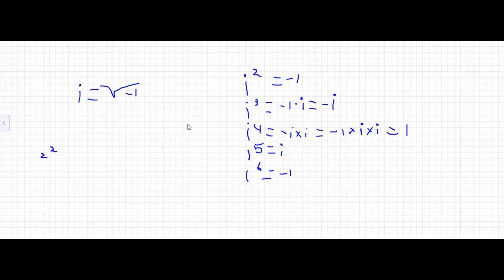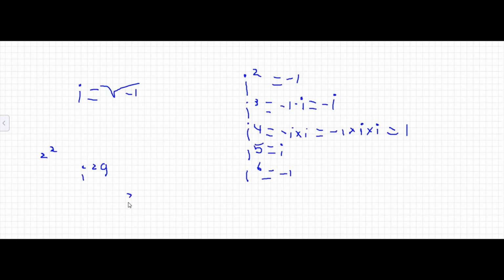And knowing that this pattern exists, we can take i to some crazy powers and we could still figure out the answer. Like, for example, we could do i to maybe the 29th power. When I'm given a problem like this, what I do is I take this exponent and I divide it by 4.